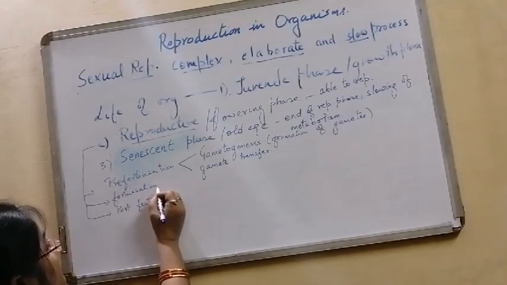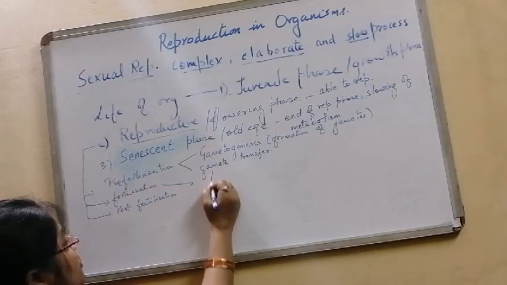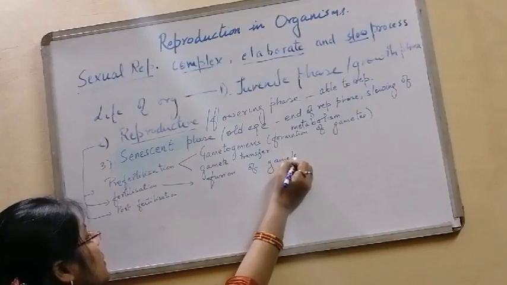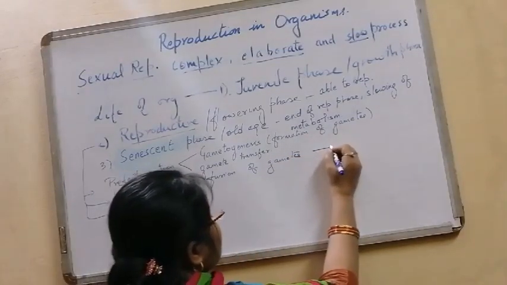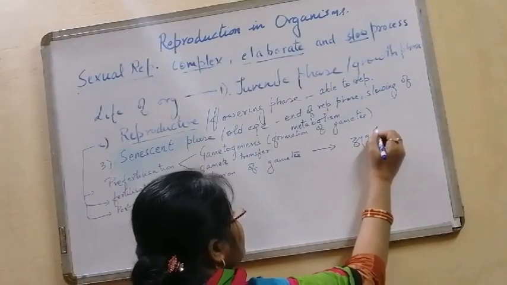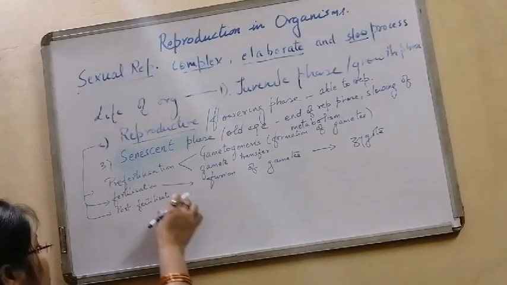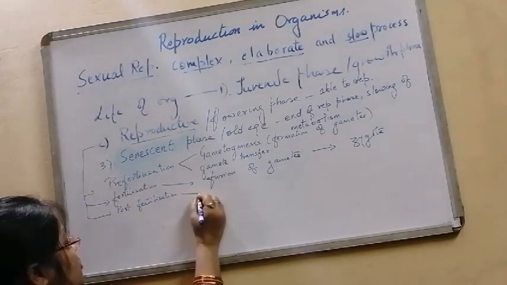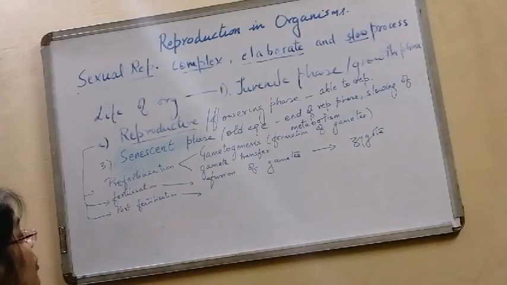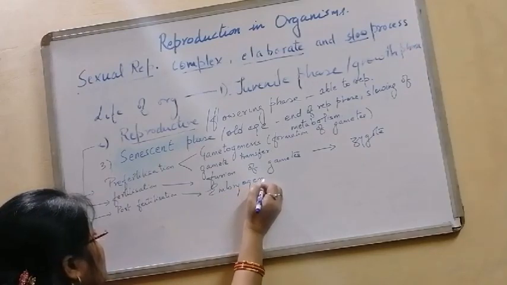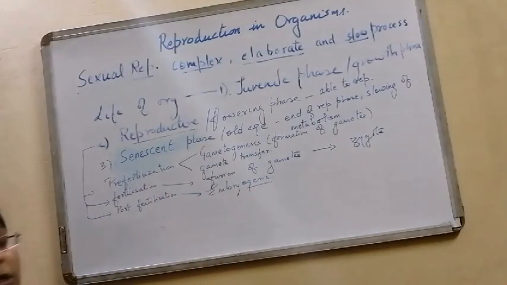And fertilization is the fusion of gametes, and it leads to the formation of the zygote. The post-fertilization events consist of embryogenesis, that is, what happens to this zygote: it develops into an embryo, and that process is called embryogenesis.